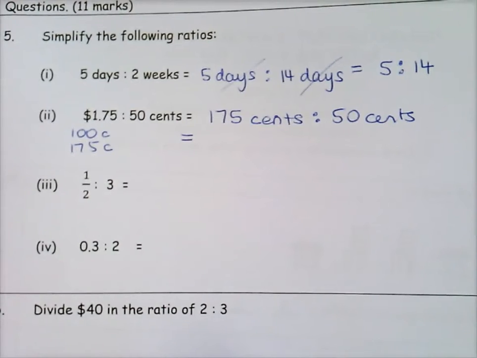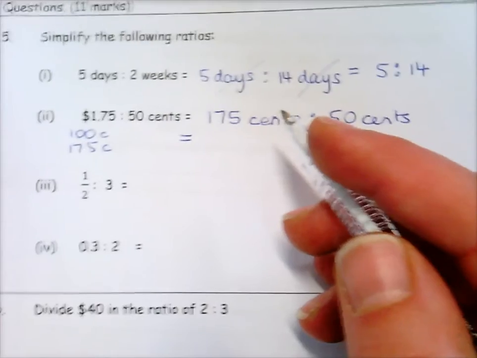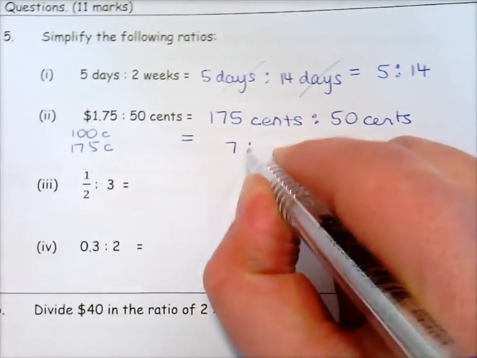With money, when you're counting money, you're either going to count up by 20s, 20 cents, 40 cents, 60 cents, 80 cents, a dollar, or you're going to count up by 25. 25, 50, keep counting, 75, 100, 125, 150, 175. So that's 7 is to 2.